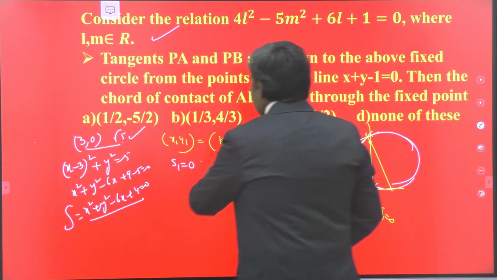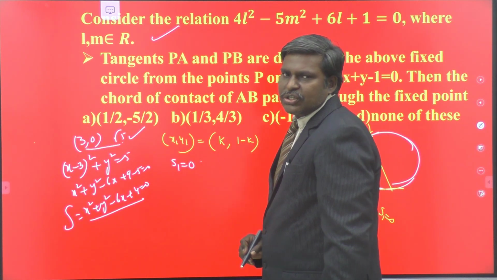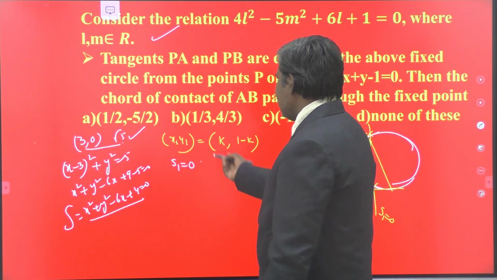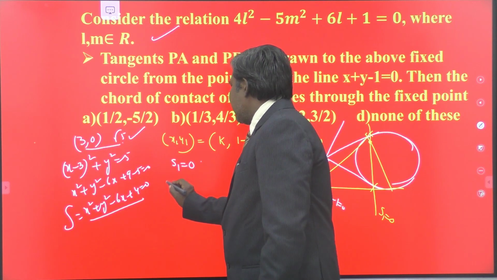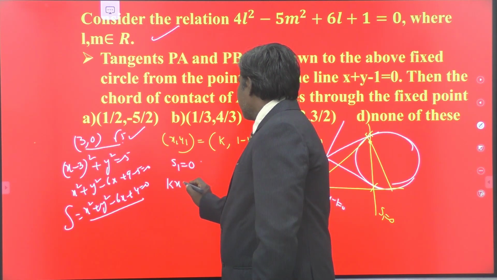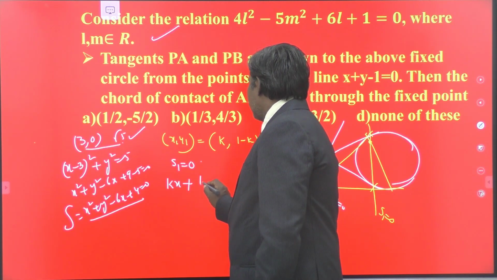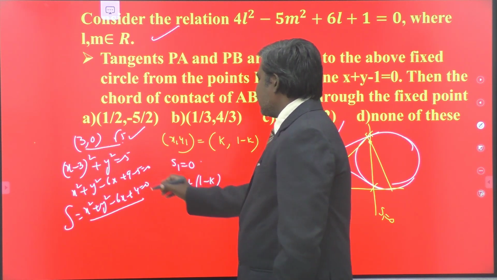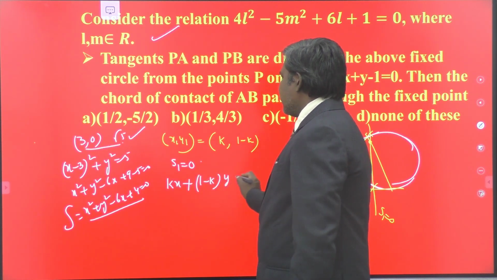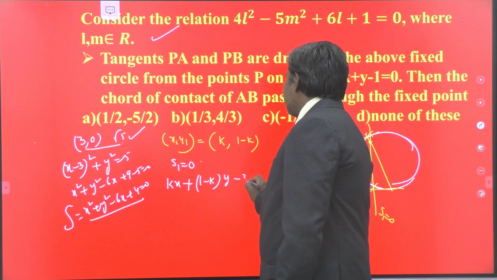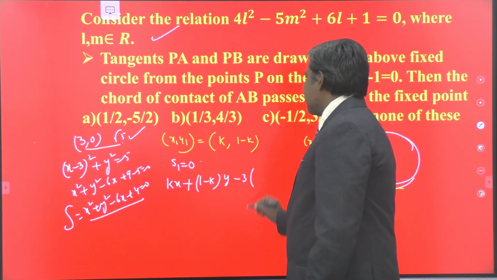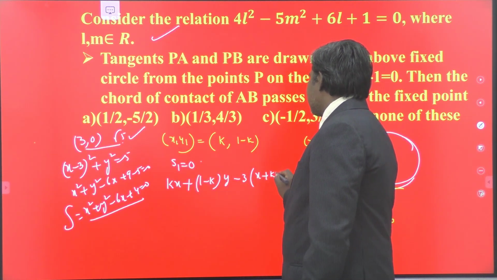Now let us write the chord of contact to that S = 0. What is the chord of contact equation? S1 = 0. So k·x, kx plus y·(1 - k), next what you have to write? g(x + x1), that is -3(x + k).